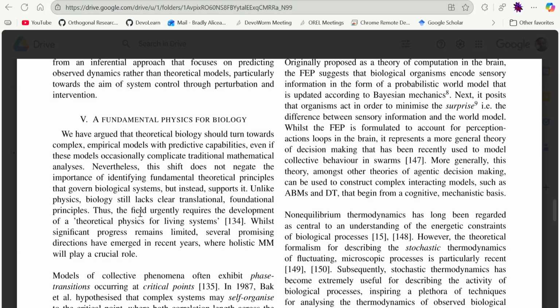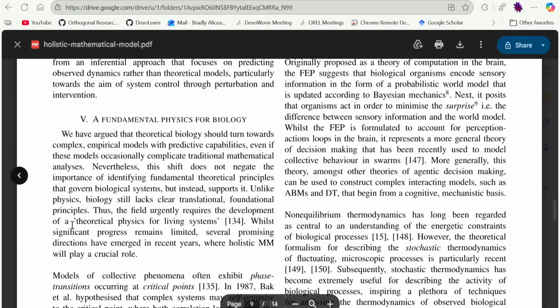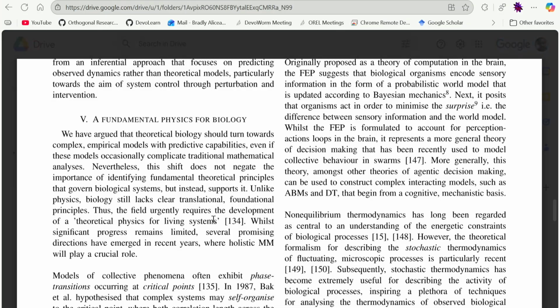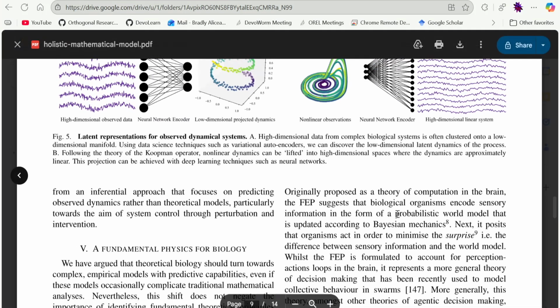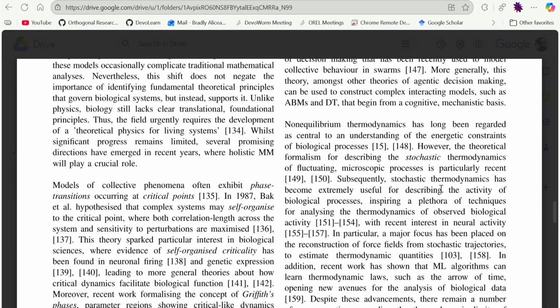So we really need to think about developing a theoretical physics for living systems. We don't want to just port things from theoretical physics to biology. We want to develop a theoretical physics of biology. And this is based in non-equilibrium thermodynamics and some of the things that brings us.